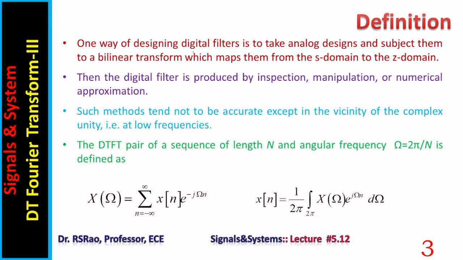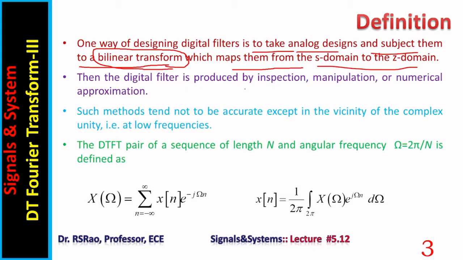One way of designing digital filters is to take analog designs and subject them to a bilinear transformation, which maps them from the S domain to the Z domain. It is the bilinear transformation that plays an important role in the design of digital filters.